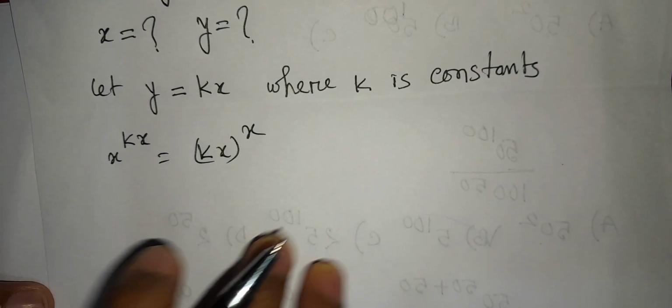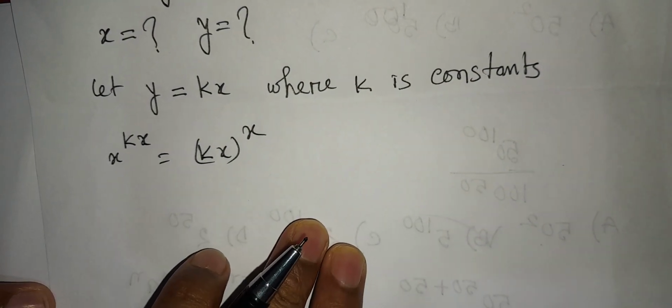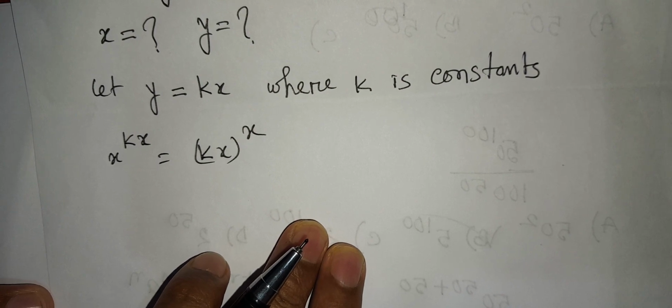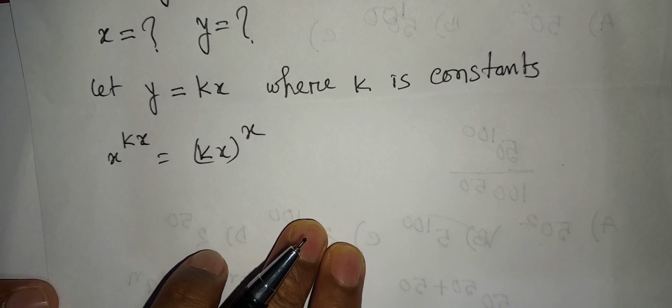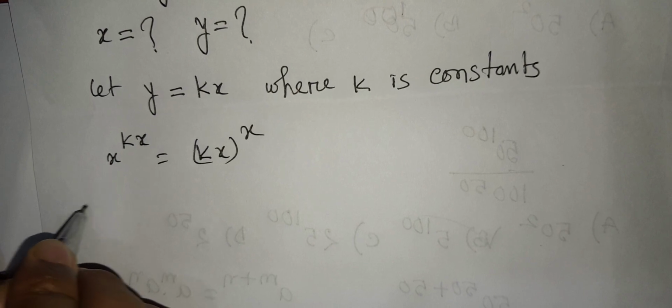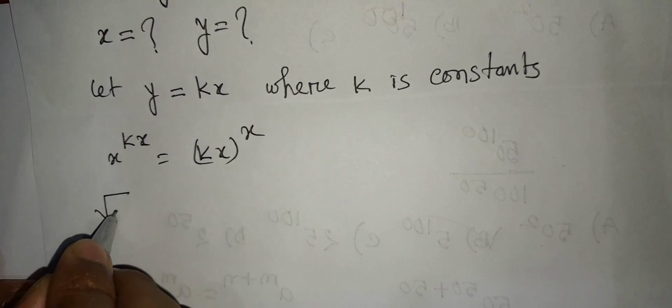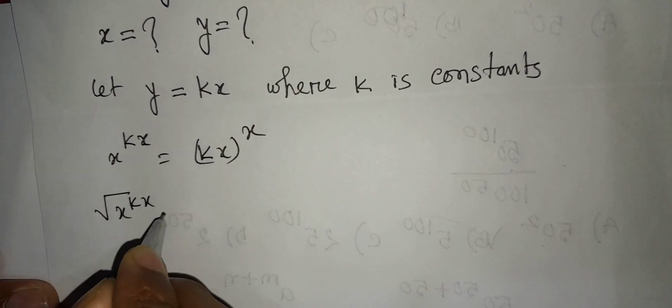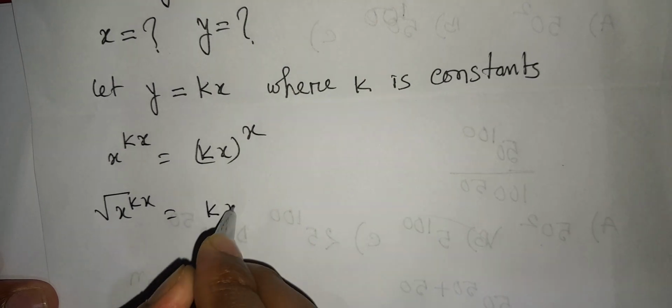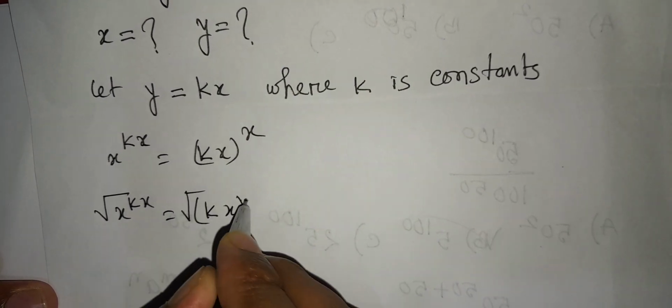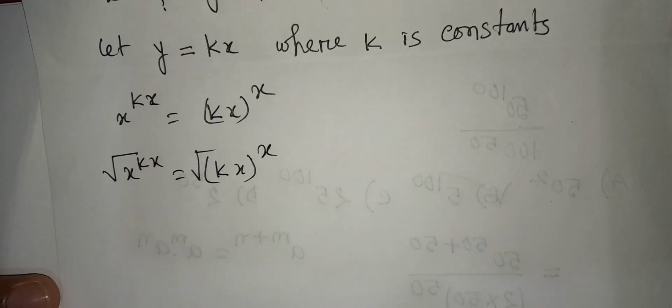Okay, now we take the square root of both sides of this equation, so we can write x to the power kx equal to kx square root to the power x.